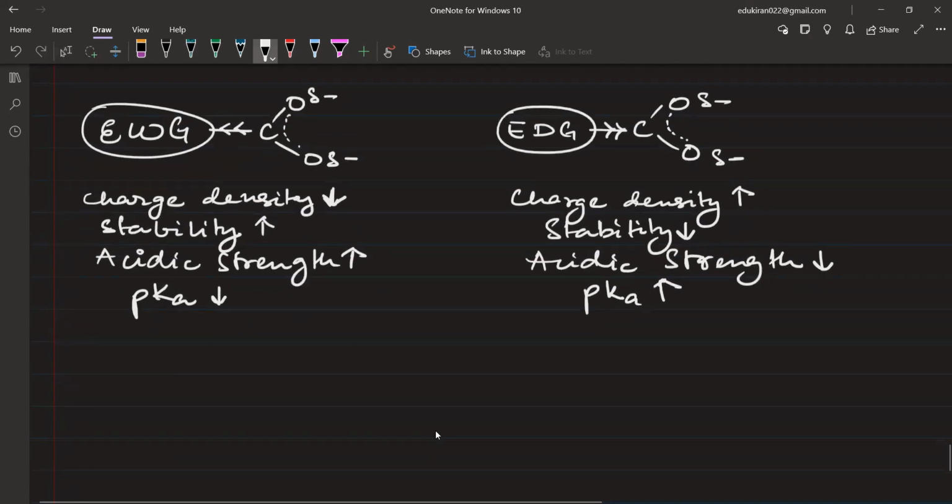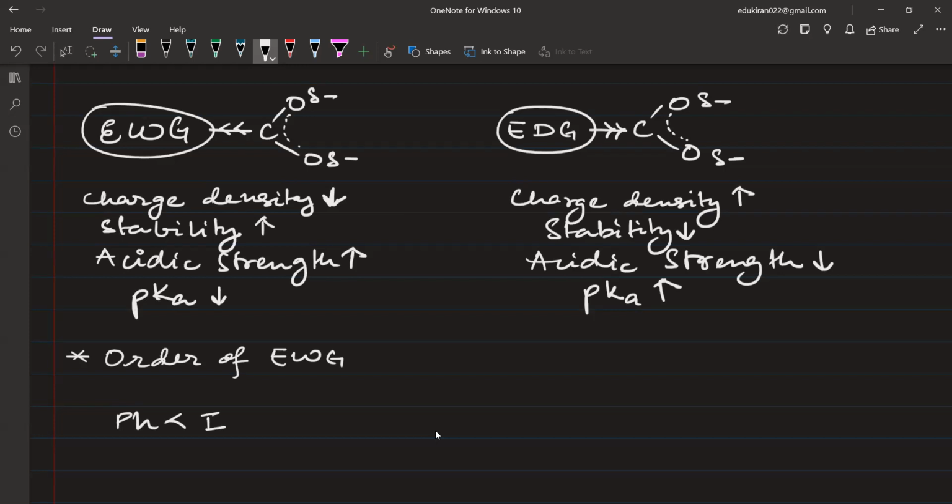Right, next, order of electron withdrawing group. If you have a carboxylic acid with a phenyl attached, that means the benzene ring is attached, then the benzene ring also pulls the electron toward itself, right?